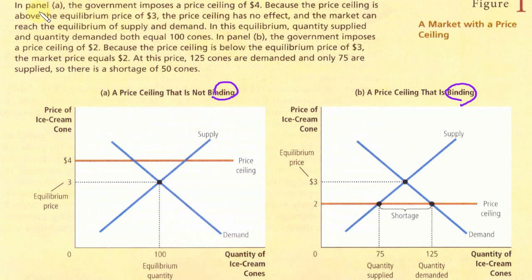In panel A, the government imposed a price ceiling of $4. The meaning of price ceiling is that the government limits the price, not to exceed this limit. This is a ceiling, like the ceiling of a house.